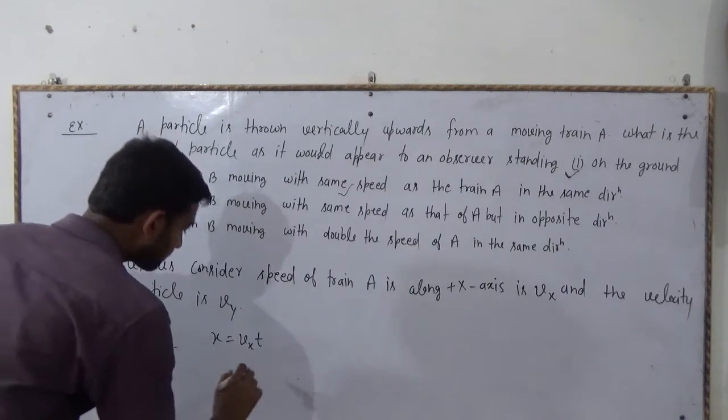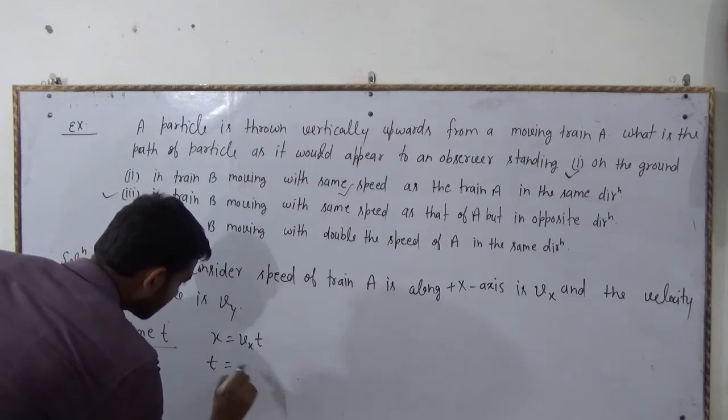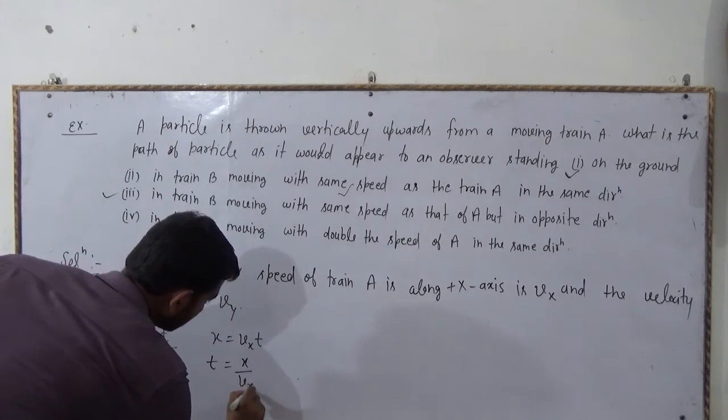If x is equal to Vx t, then t is equal to x by Vx.